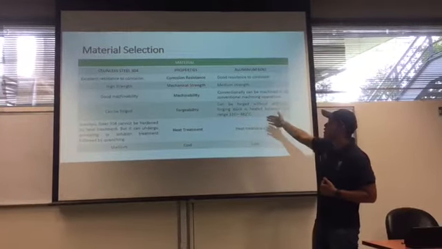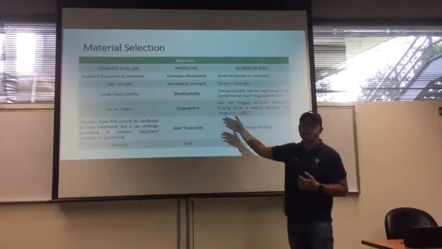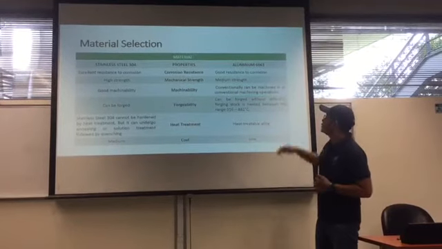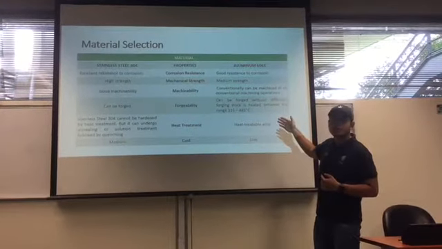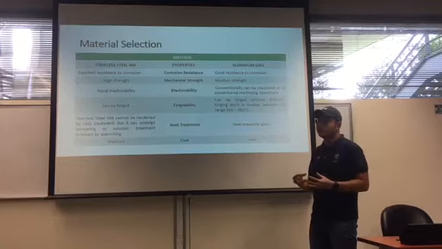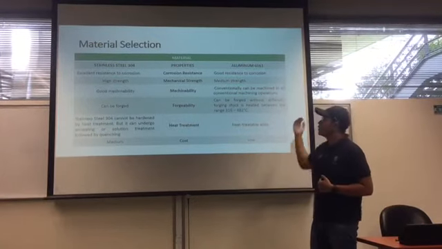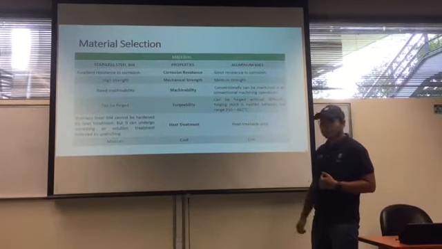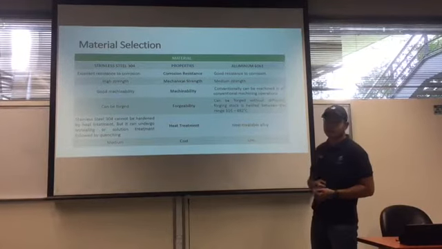And for the mechanical strength, we choose stainless steel because it has high strength, but aluminium has only medium strength. Because we are using the flange for the pipeline, we need high mechanical strength.